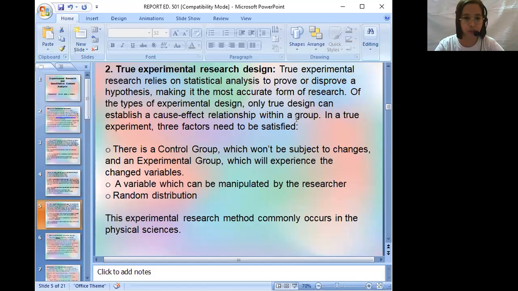First, there should be a control group, which won't be subject to changes, and an experimental group, which will experience the change of variables. Second, a variable which can be manipulated by the researcher, and then there should be a random distribution. This experimental research method commonly occurs in the physical sciences.